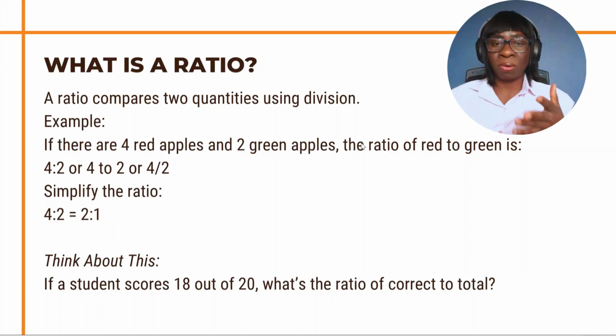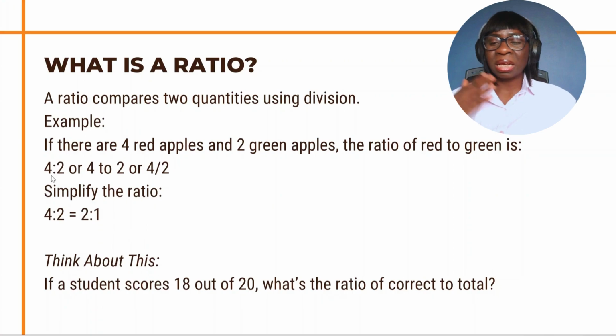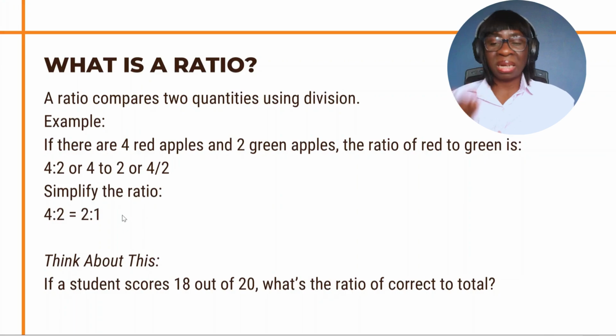If they have common factors, you simplify such that you can have what we have here. 4:2 will give 2:1. So you can either write it as 4:2, or you say the ratio of red apples to green apples is 4:2 or 4/2, and then you simplify it like this.